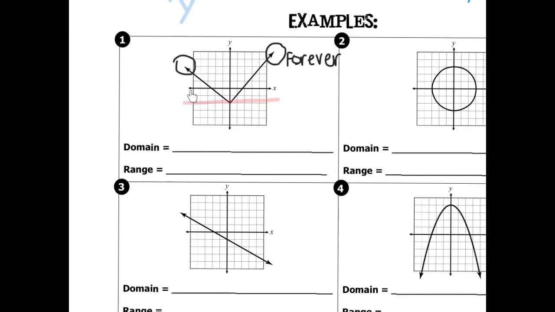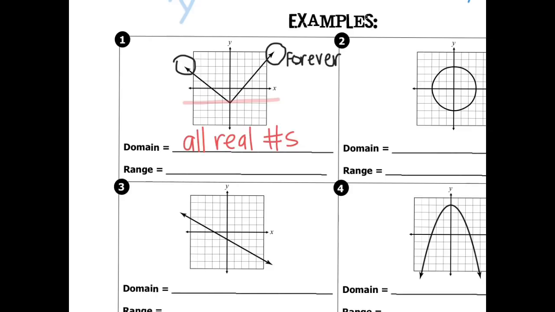No numbers along here that aren't part of the coordinate pairs for this line. I have something along the 2, something along the 2.5, something along the 3, something along the 3.5. It captures every number. So my domain for this one is going to be all real numbers. The x values pretty much are infinite. They go infinitely to the left and infinitely to the right.